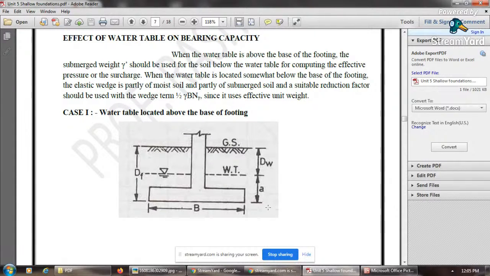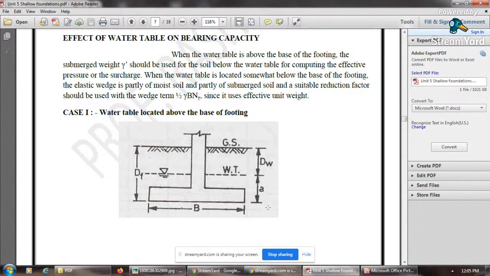When the water table is above the base of the footing, the submerged weight gamma dash should be used for the soil below the water table for computing the effective pressure or the surcharge.